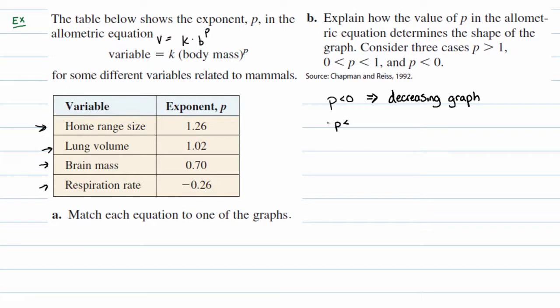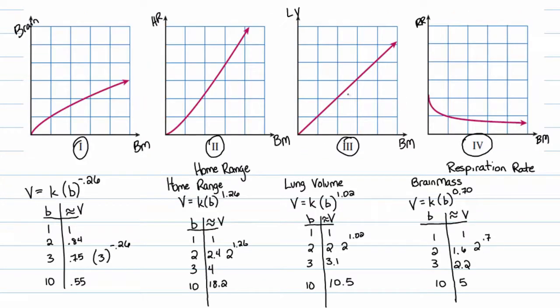Then we move on. What about p between 0 and 1 versus p being greater than 1? Well, let's look. Let's find the one where the power is between 0 and 1. That's the brain mass right here. And if you look at the brain mass, the power being less than 1 means that it's an increasing function.